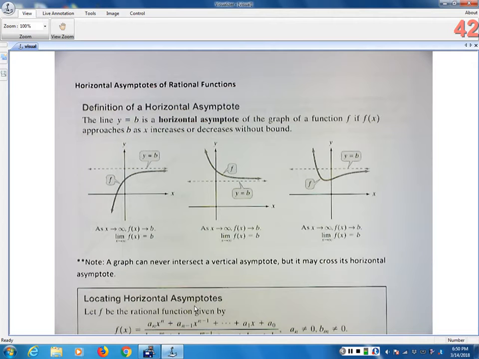So we've gone over how to do number 1 and 2 so far.